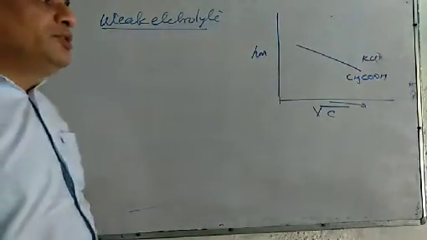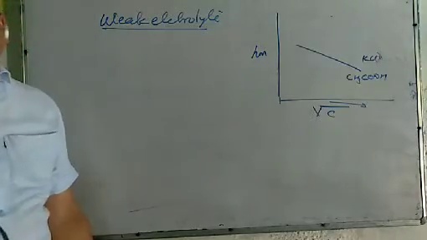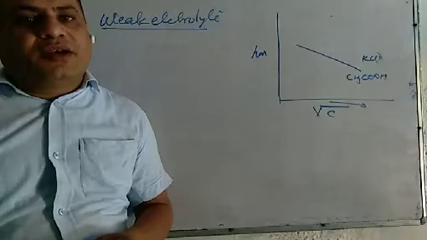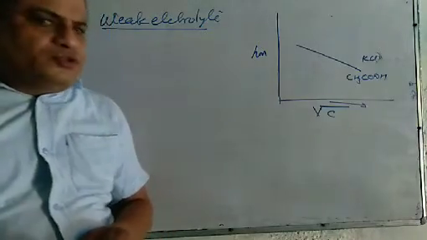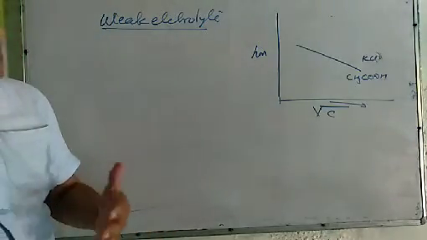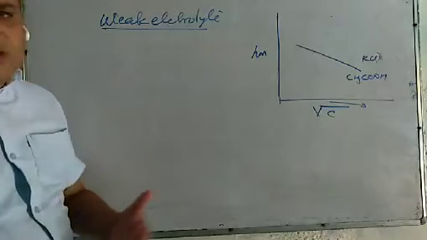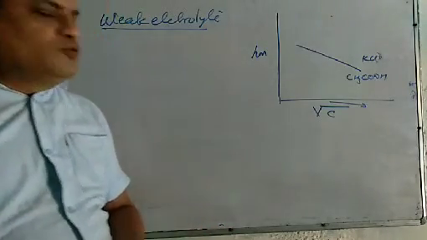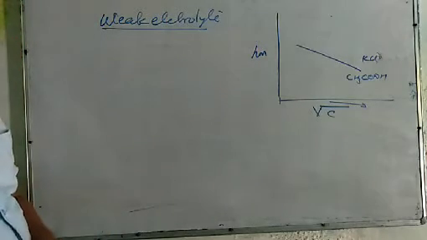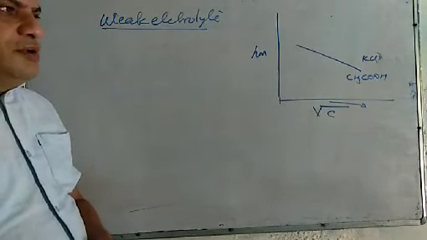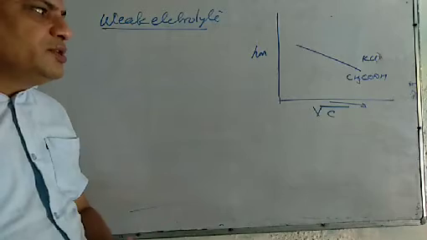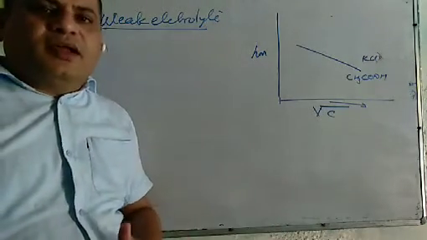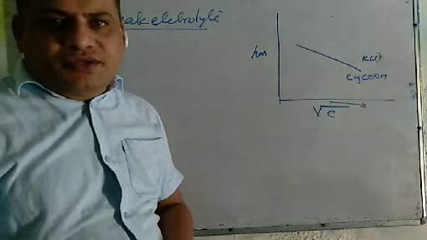As we know that weak electrolytes are partially ionized, they are not completely ionized. So, since they are partially ionized, there is no matter for the space to move them. But as the dilution is increased, their ionization or dissociation also increases.